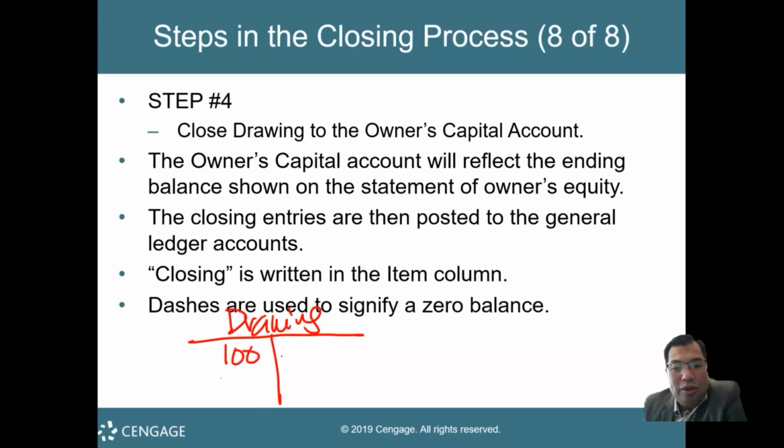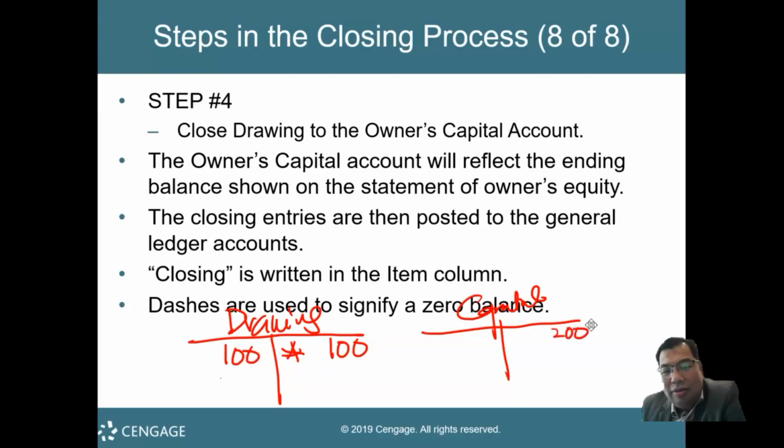To close this account, you're going to credit by 100. Where does this 100 go? It goes to your capital account. You have your capital here before, say 2000, and you have profit, 1000 maybe, minus drawing 100. So we'll have the new capital.